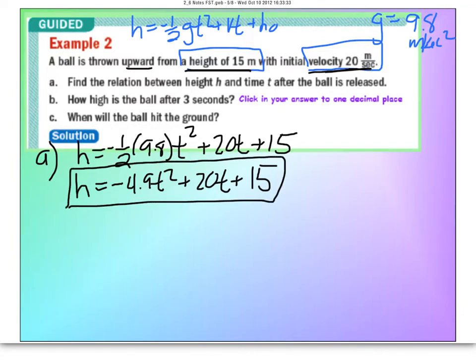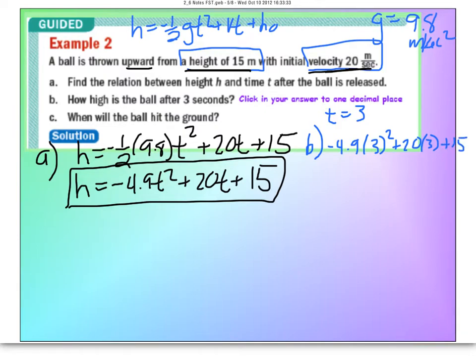Now, if we look at part B, they want to know how high the ball is after 3 seconds. So that's just the time question. So for part B, they're saying, hey, if t is 3, what's the answer? So all we have to do is put in the negative 4.9, do 3 squared, plus 20 times the 3, and then plus 15.